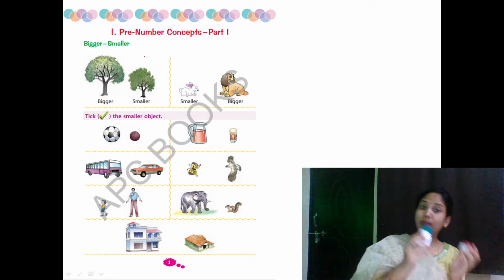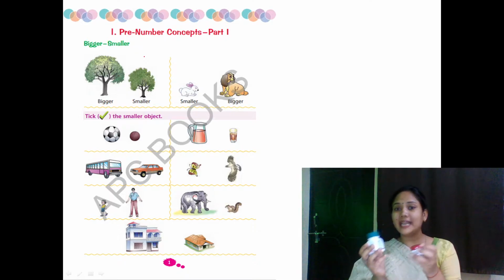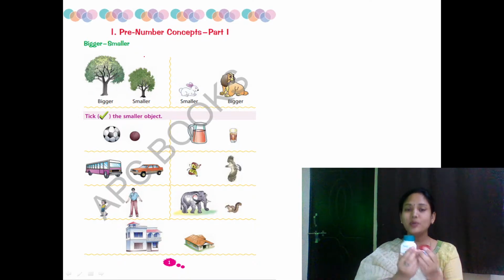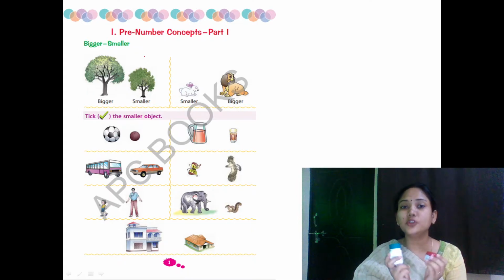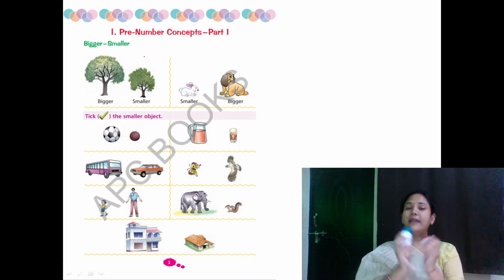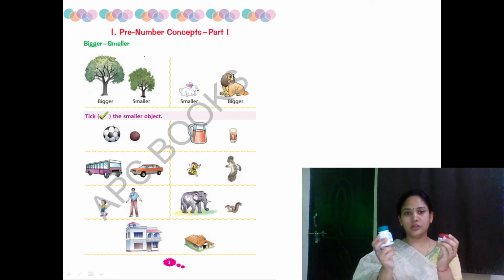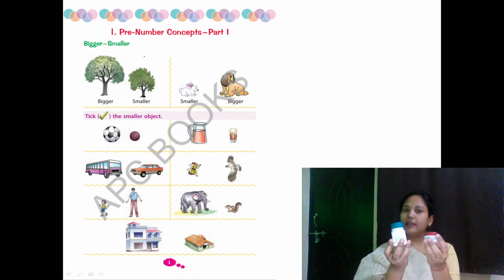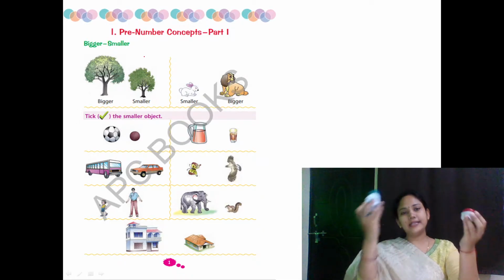Okay, so big and small tell us the size of the object. ठीक है, कोई चीज़ कितनी बड़ी या छोटी है. ओके, एंड वी यूज बिगर एंड स्मॉलर बिटवीन टू थिंग्स. जब हम दो चीज़ों को कंपेयर करते हैं वी विल यूज बिगर एंड स्मॉलर.